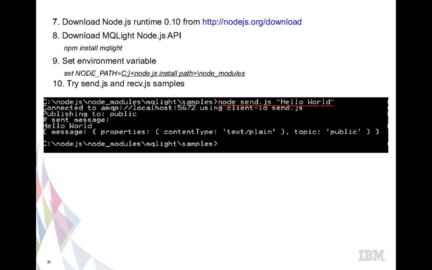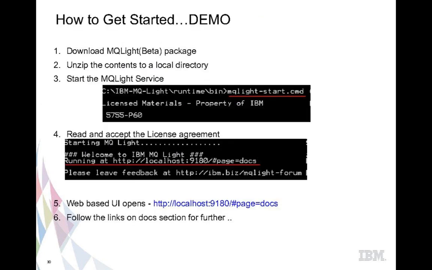There are in all 10 steps, I think, and these samples are available in the Node.js node modules, MQLite samples. That's where you can see the sender and receiver samples. Probably you can give it a try, and then contact me if you have any questions while you're trying it.